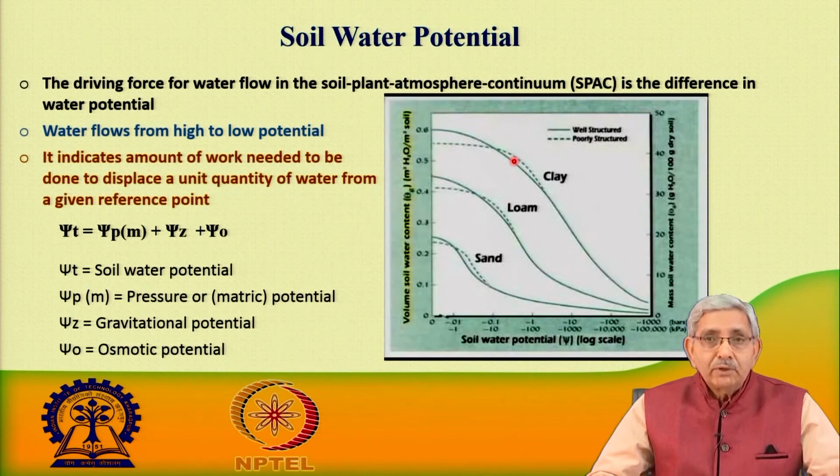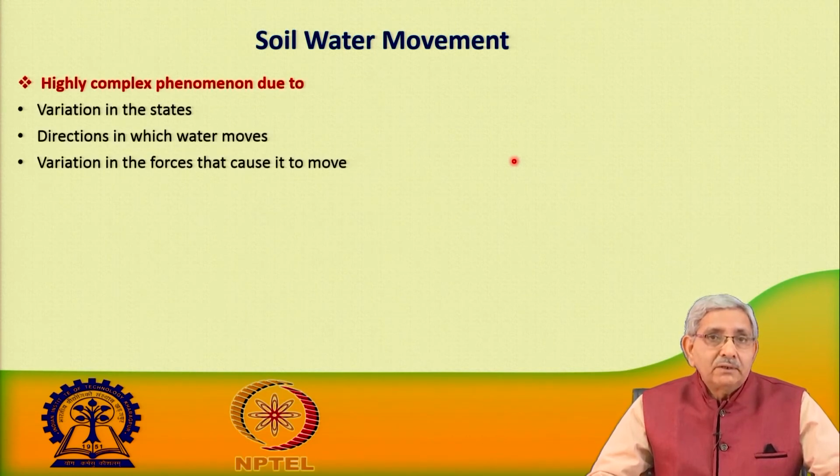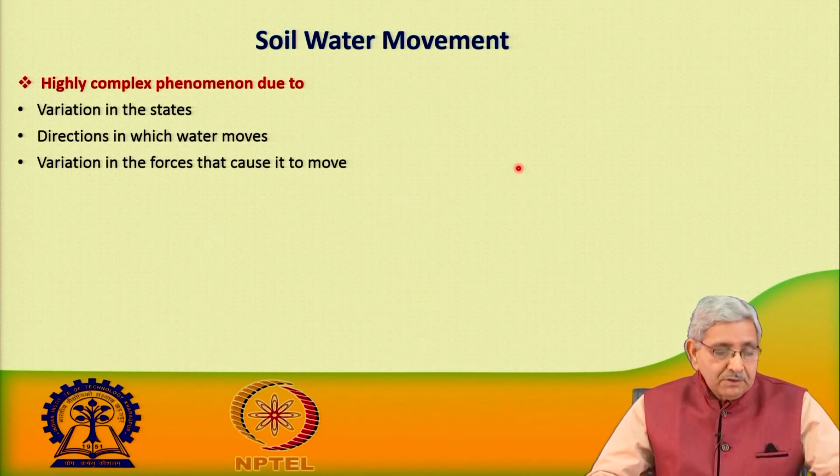So, how soil water potential varies with different types of soil for a given soil moisture content is an important consideration one has to see when we are giving irrigation water supply. Soil water movement is a complex phenomenon, and it states the variations.